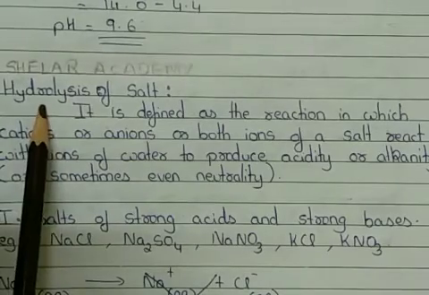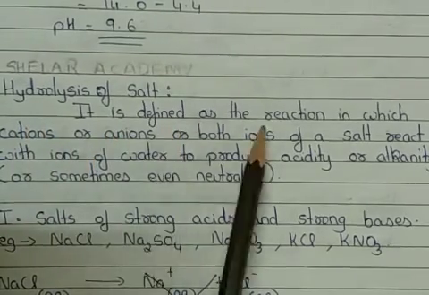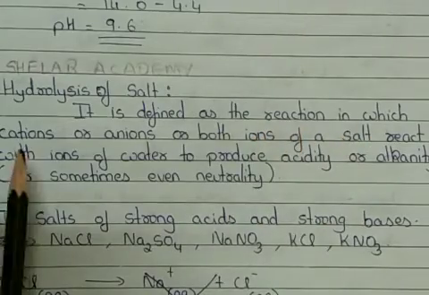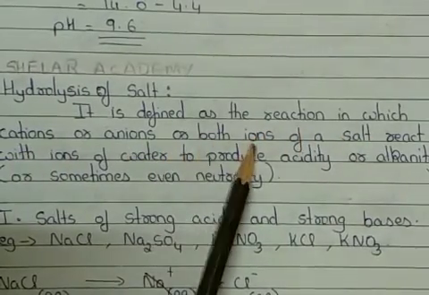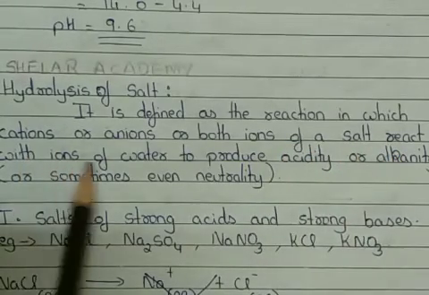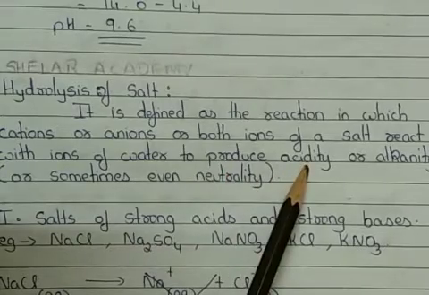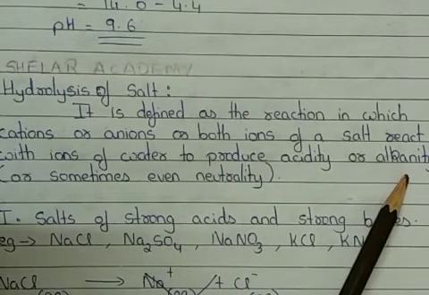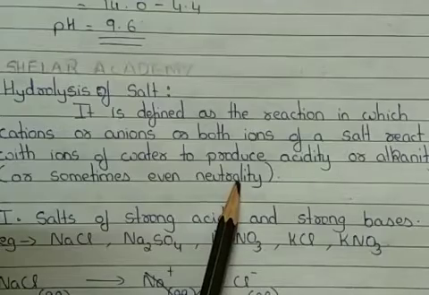Now let us see the proper definition. It is defined as the reaction in which cations or anions or both ions of a salt react with ions of water to produce acidity or alkalinity, or sometimes even neutrality.